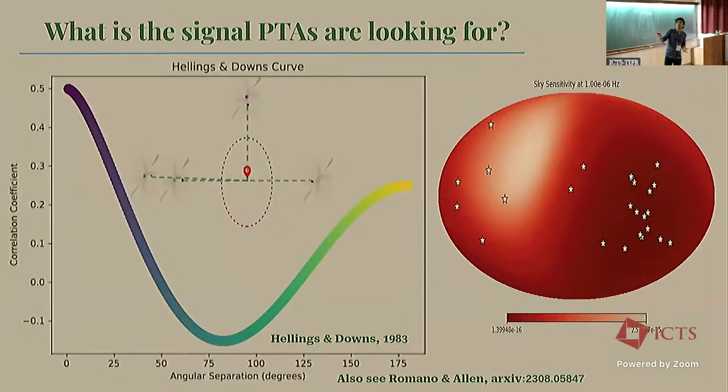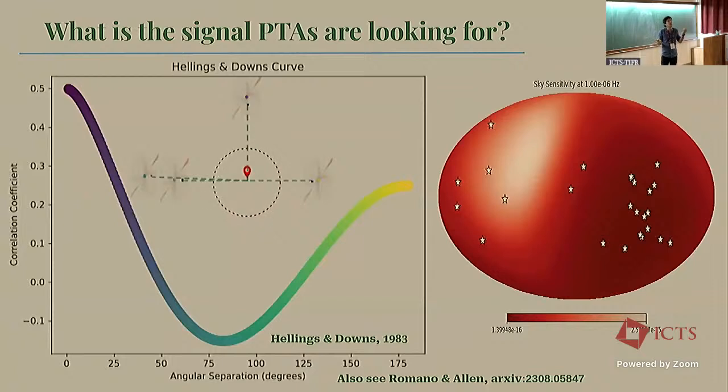Then when you go over to the other side, you start to get correlated signals again, but the gravitational wave does not produce the exact same effect at the pulsar here as opposed to the pulsar here. So the correlation doesn't quite recover all the way up there. That's the famous Hellings and Downs correlation.